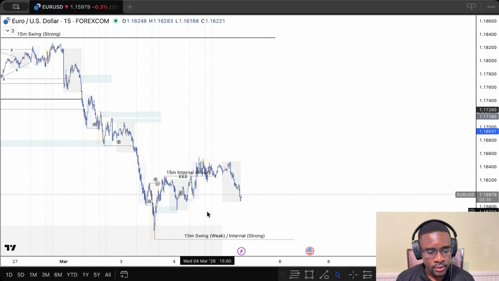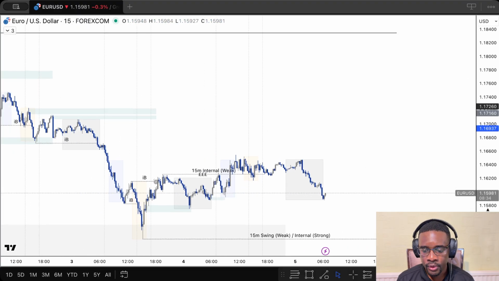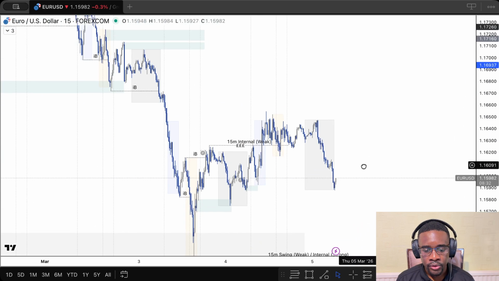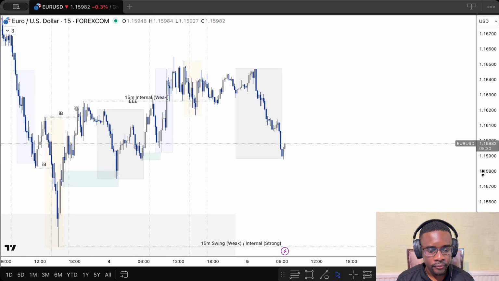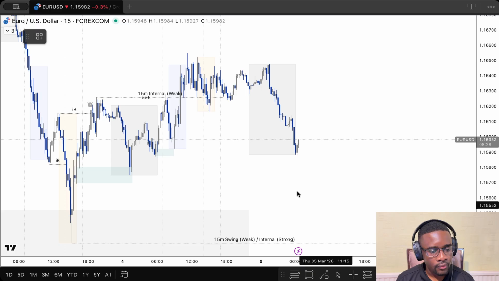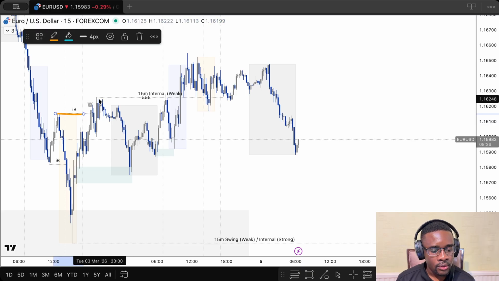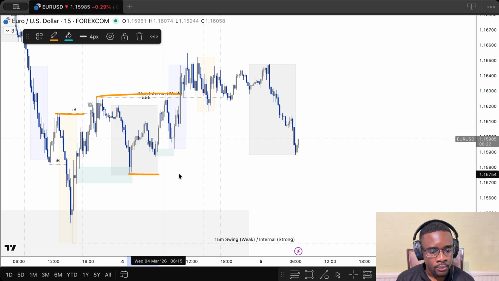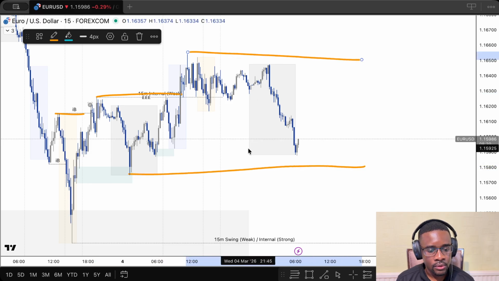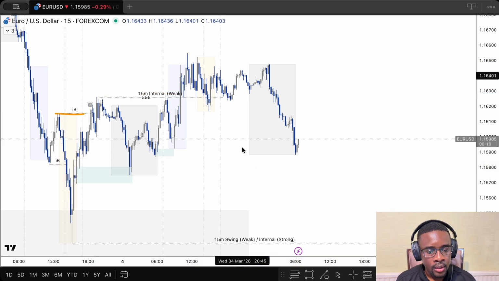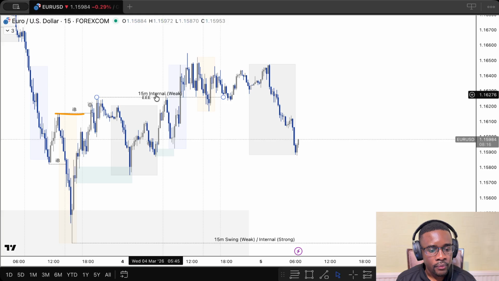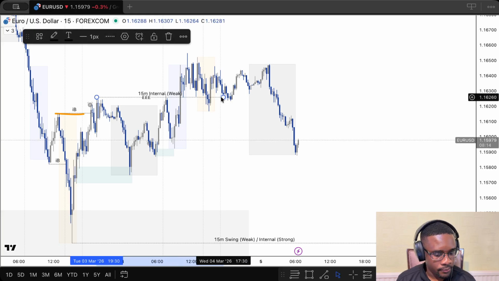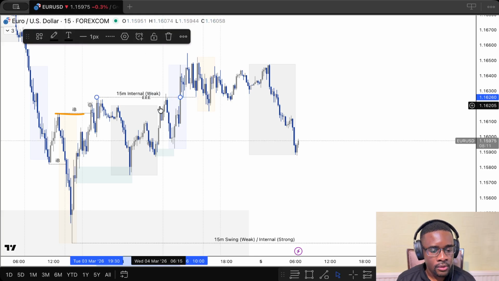Now price did give a reaction. Internal shifted bullish, so that means this is my internal trend. Let me mark this out so that it's clear for you guys.